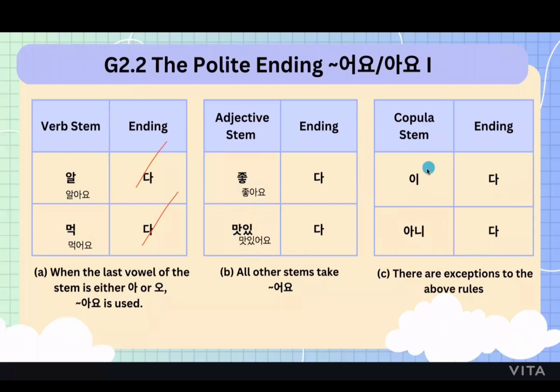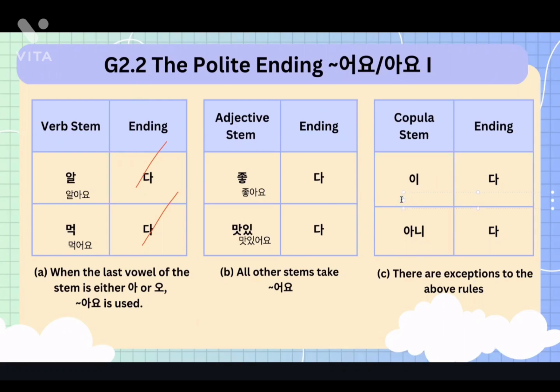자, look at this. Copula stems, 이다, 아니다. 그렇죠? There are exceptions to the above rule. How can they be changed? 이다, 아니다 are copula stems, and these are exceptions.